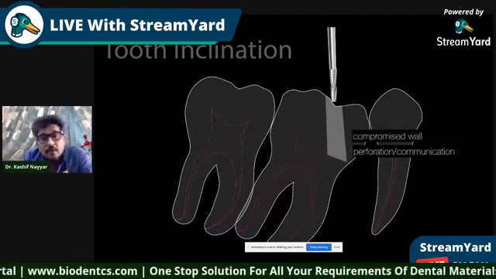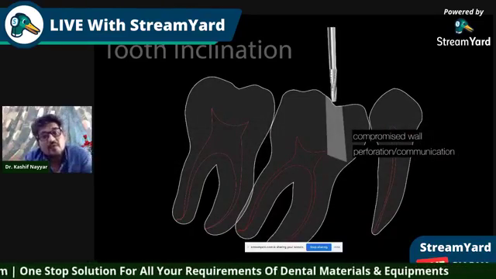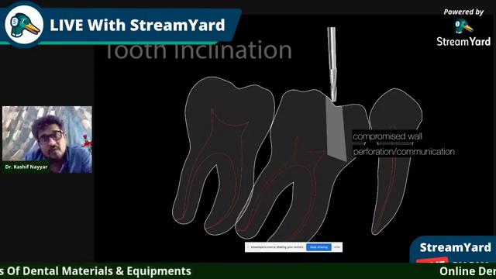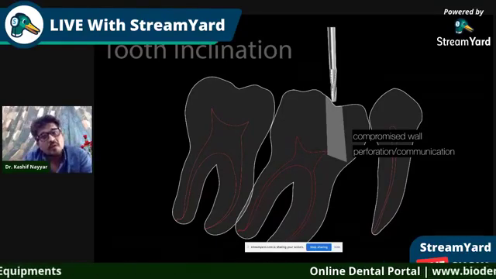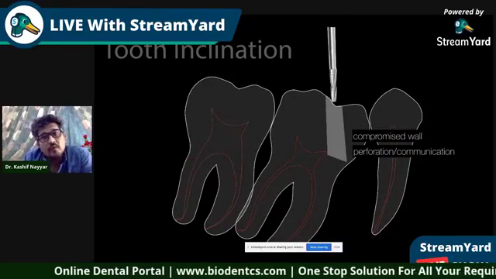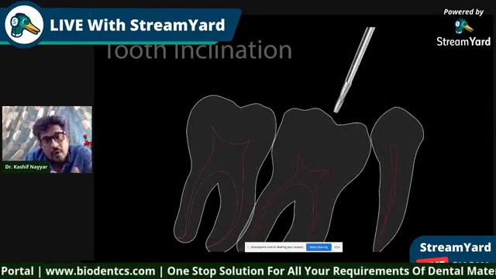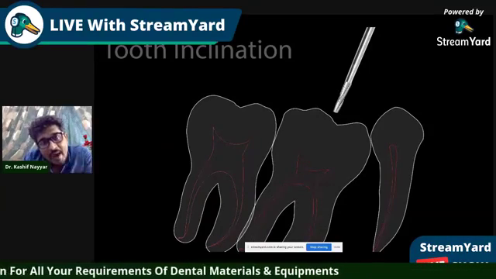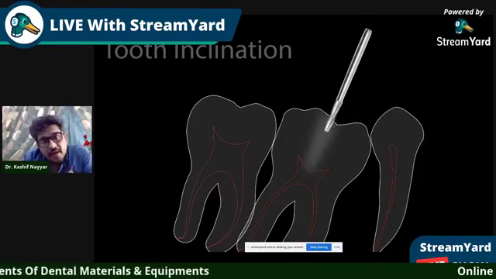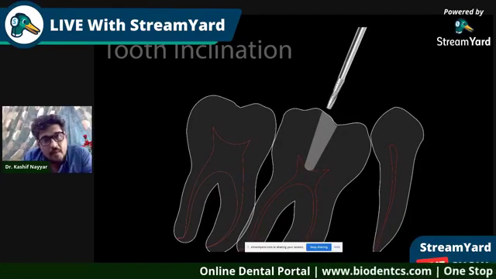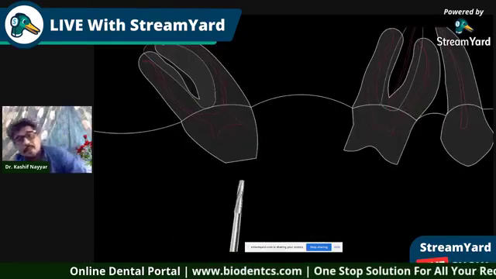When we access through the center of the tooth and we are not following the long axis, we can end up compromising the walls, and perforations and communications can also occur. So we have to reorient our instrument according to its long axis. And then if we follow the axis, it is always going to end up in the right place.